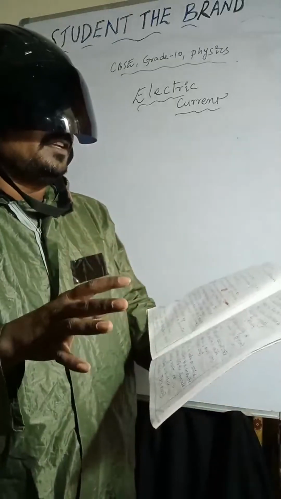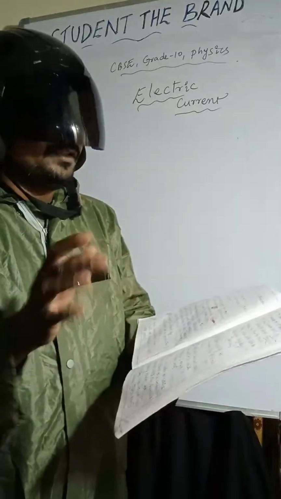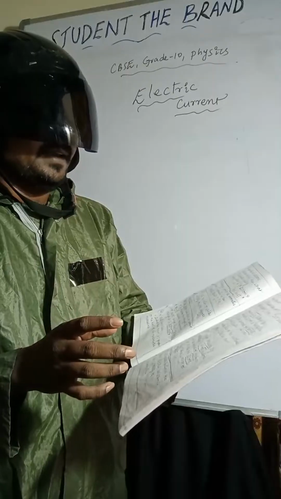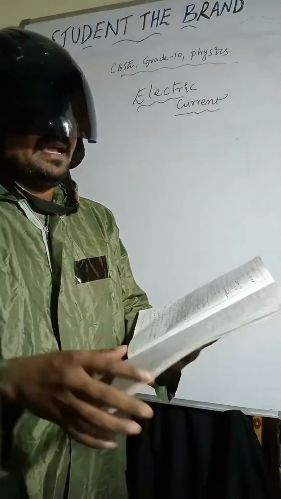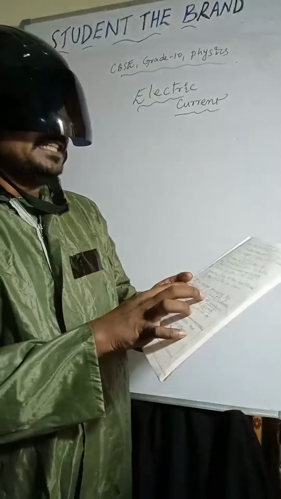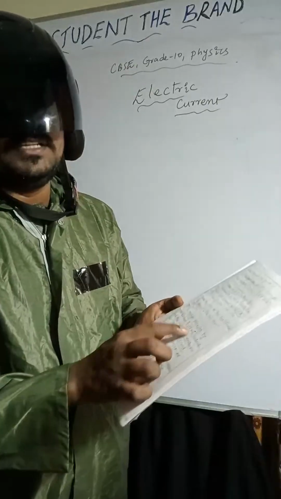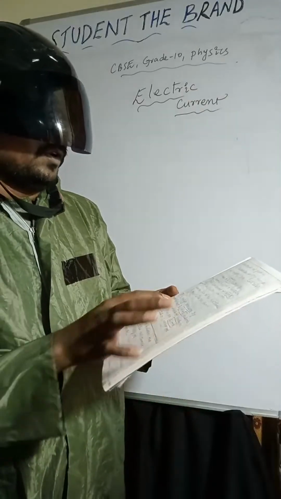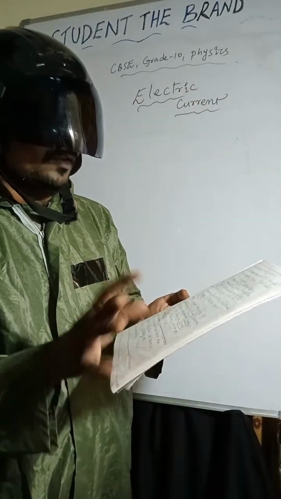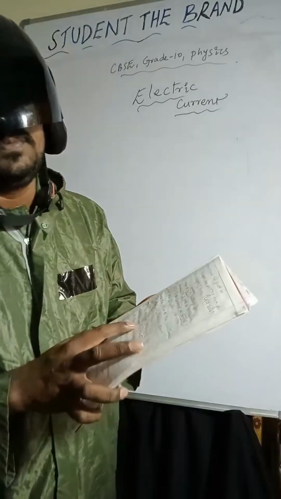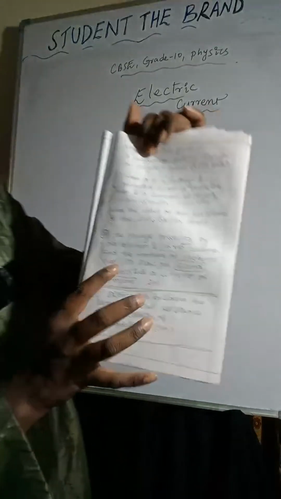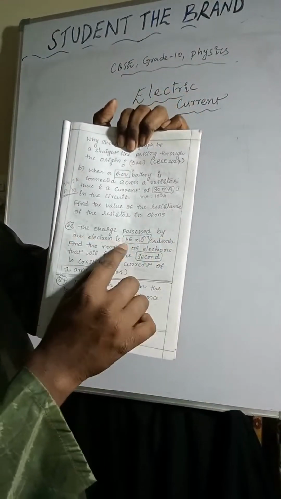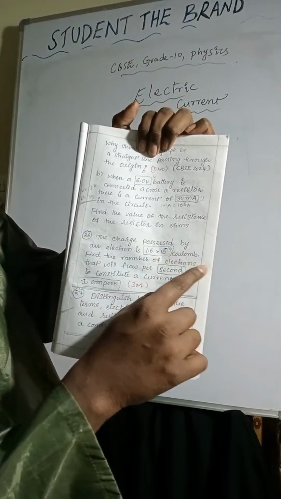Okay, so related to these questions they will ask, and problems also they will ask. And one more thing I said: the charge possessed by an electron is 1.6 into 10 power minus 19 coulomb.